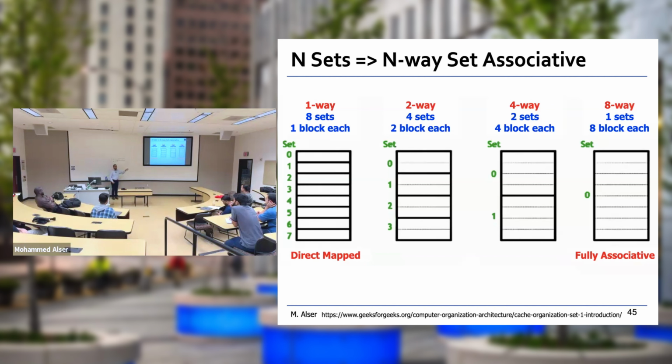Every time we move something with these exact same LSB bits from the memory, it will always be assigned to the exact same location in the cache. Okay, and this is very important. However, we said this is very trivial, and normally this is not the thing that we use in real processors, or at least the modern CPUs.